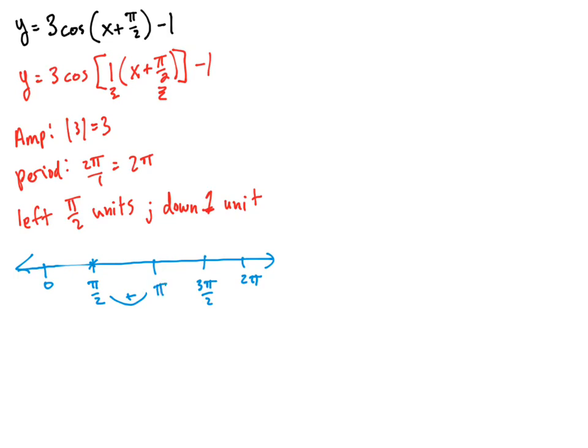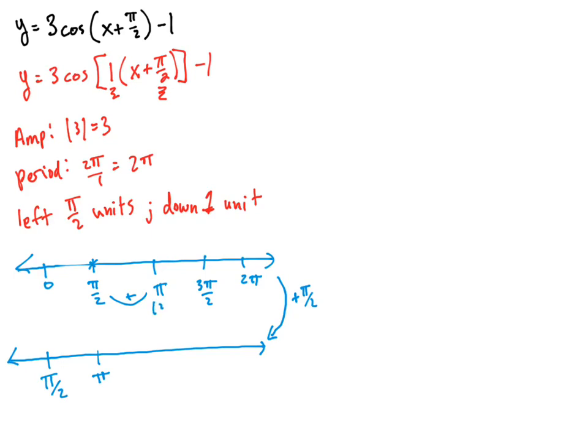All right, and then because we're shifting left pi over 2 units, to get to the new number line I want to add pi over 2 to each of these values. So 0 plus pi over 2 is pi over 2. Pi over 2 plus pi over 2 is pi.